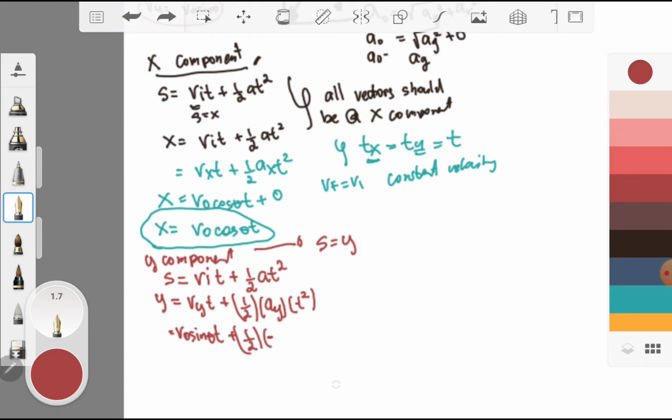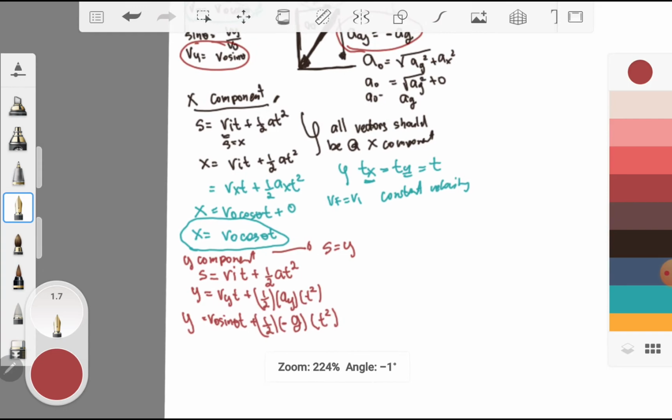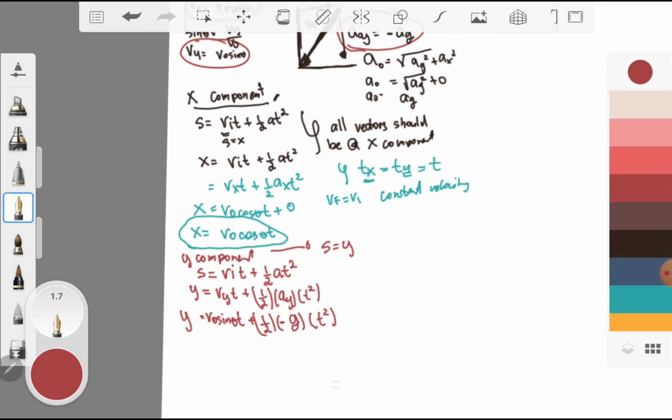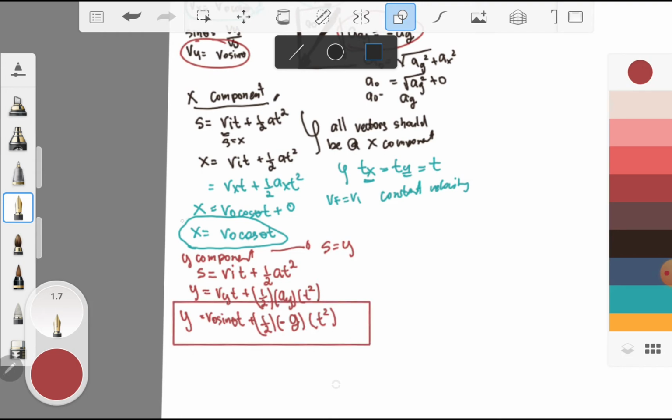Okay? Negative g for acceleration of gravity multiplied by t squared is equal to your y. Okay? This is another formula for any value of your y. So take note that these formulas are applicable when you are solving for any value of x and any value of y. Okay?